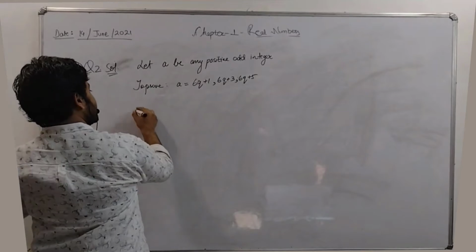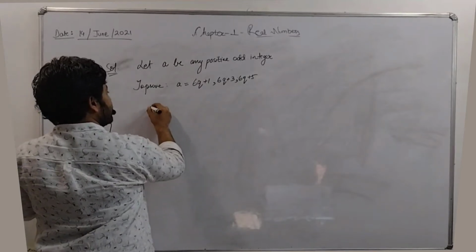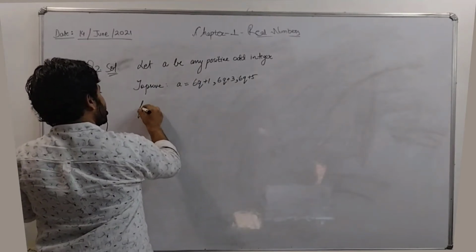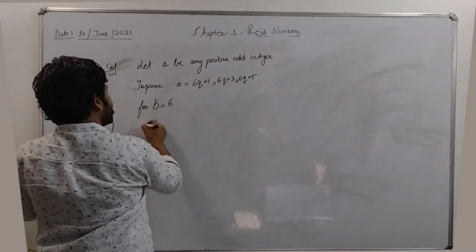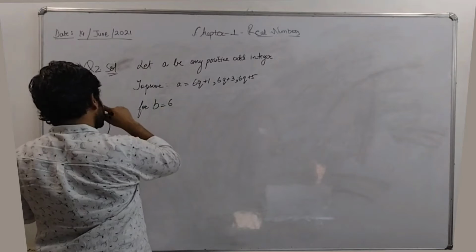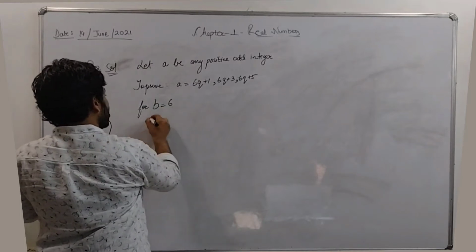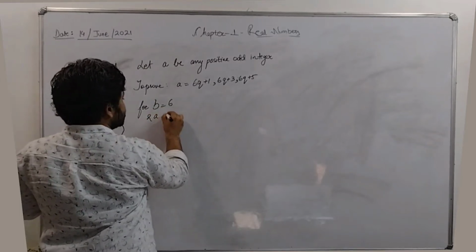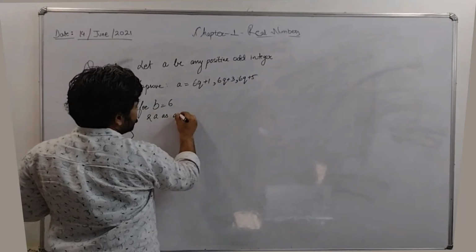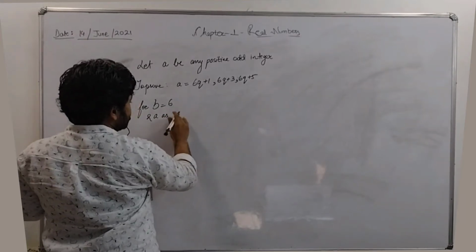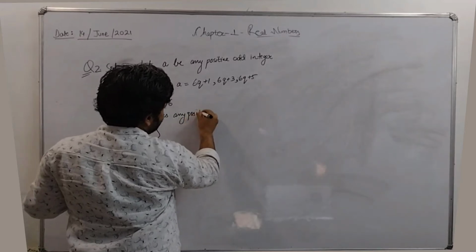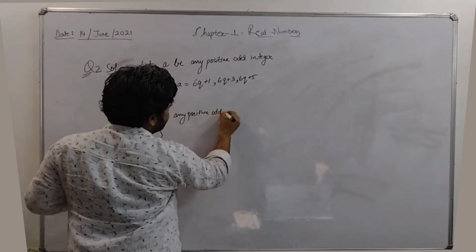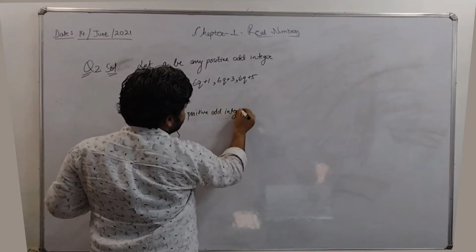So we have b equal to 6 and a as any positive odd integer.